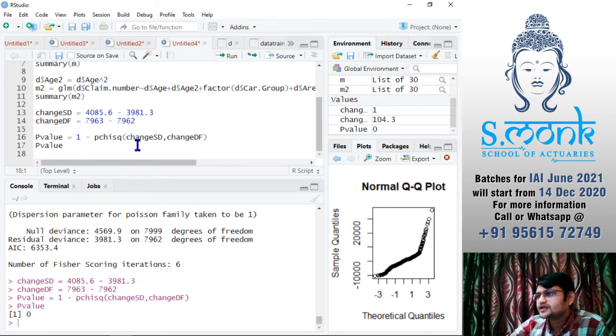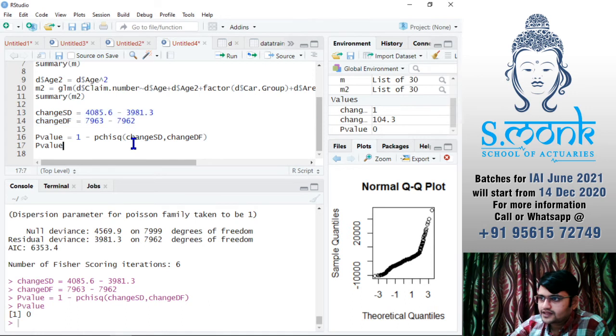Okay, so these are the different things that can be asked of you when we are talking about GLM, generalized linear model. Okay, you may have two different models to compute and then check which model is better. So always remember we'll take model 1 minus model 2 whenever we are talking about change.